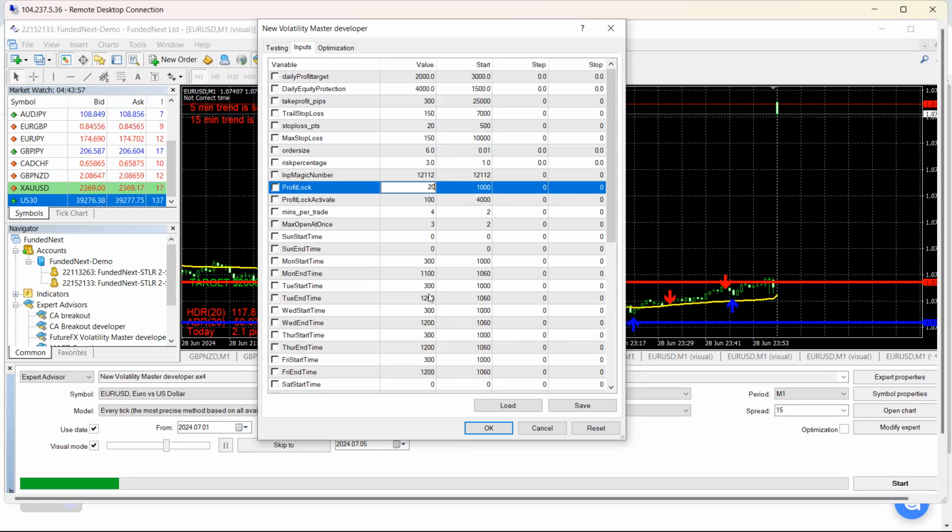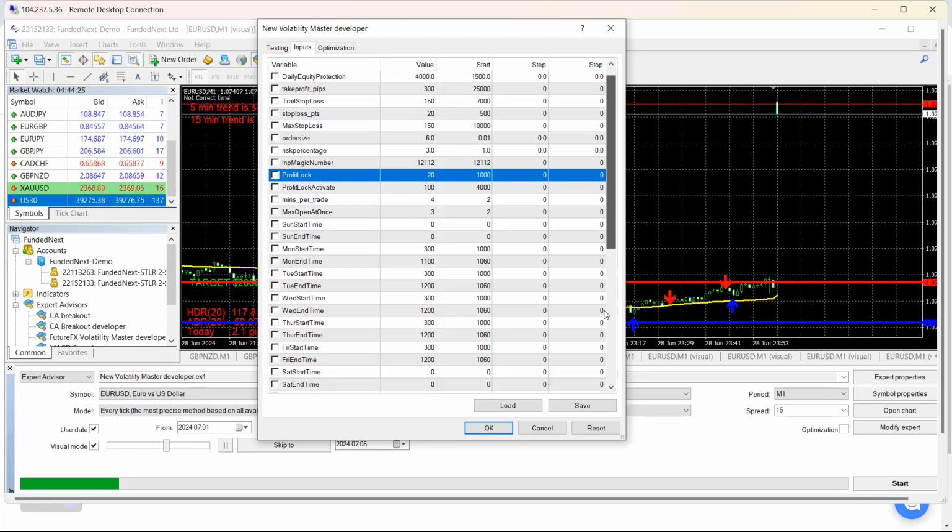I just leave the times the same at the moment, but you will find times that work the best on average will vary between pairs as well. Now, Euro USD, most likely a later start time. So at the start of the London Open or something would be a better time to start, but I won't worry about that just for now.